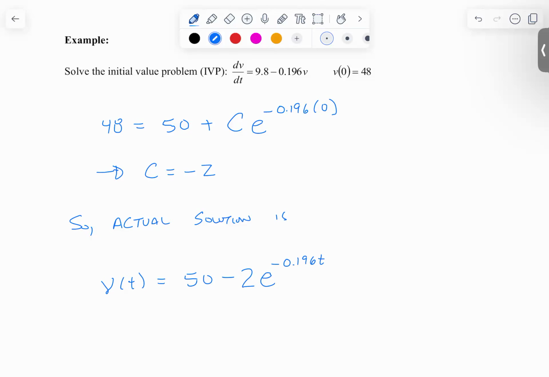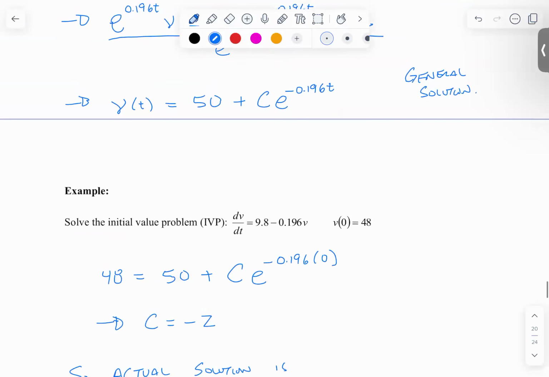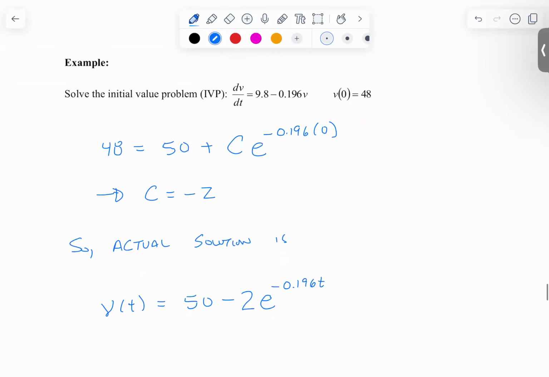After you solve the IVP, which again is just plugging in the numbers, then we get an actual solution, meaning a solution to a specific set of initial conditions. The last step is always the easiest without a doubt. A lot of times we're going to see cases where we stop at the general solution. It just depends if you have an initial condition or not.